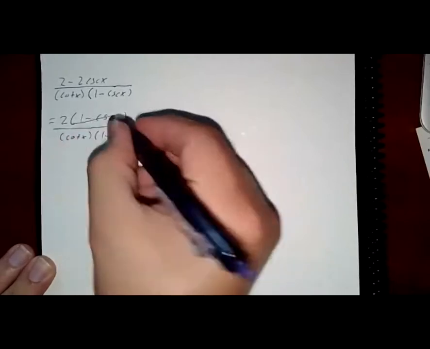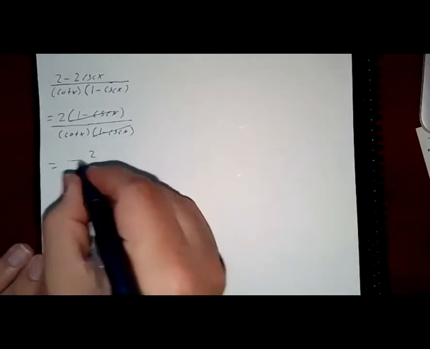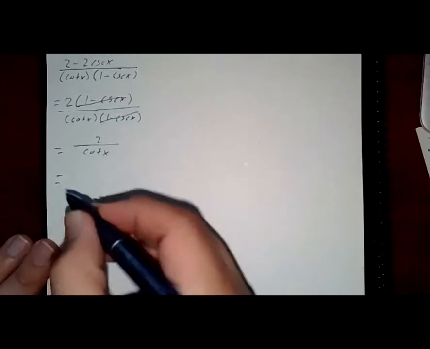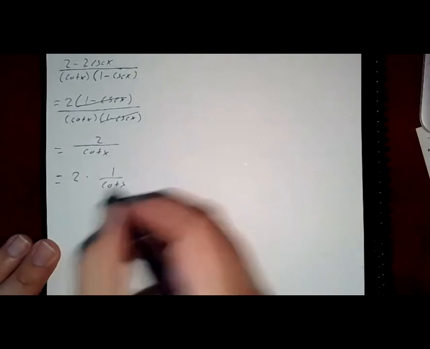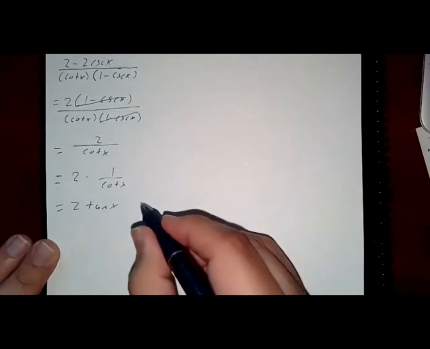So these will cancel, leaving you with 2 over cotangent. But 2 over cotangent is really saying 2 times 1 over cotangent, which is actually tangent, which is what we wanted to show.